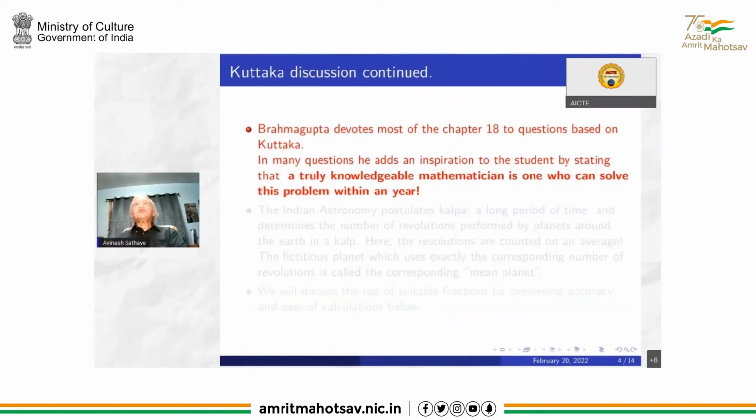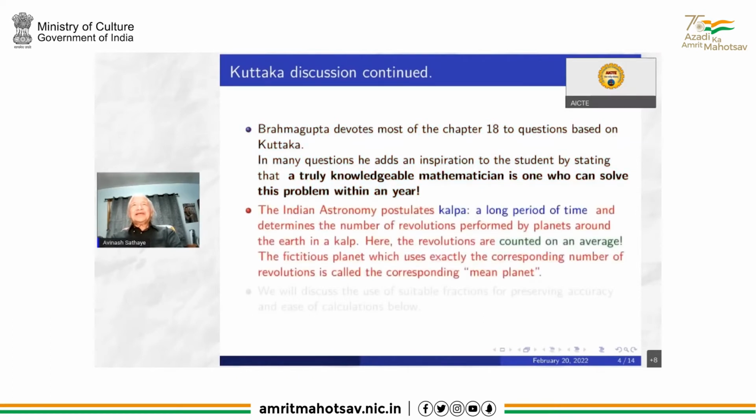Brahmagupta devotes most of chapter 18 to questions based on Kuttaka. In many questions, he adds an inspiration to the student by stating that a truly knowledgeable mathematician is the one who can solve this problem within a year. Indian astronomy postulates first a kalpa, which is a long period of time, and determines the number of revolutions performed by planets around the Earth in a kalpa.